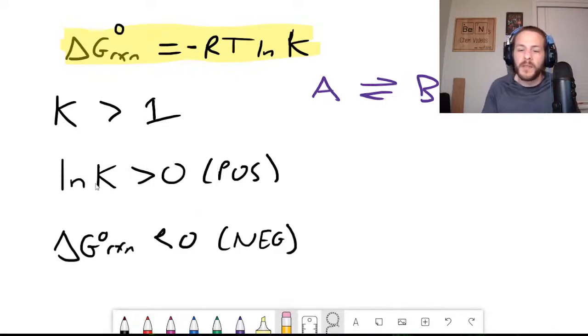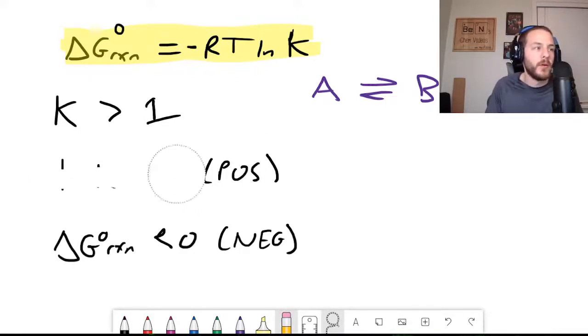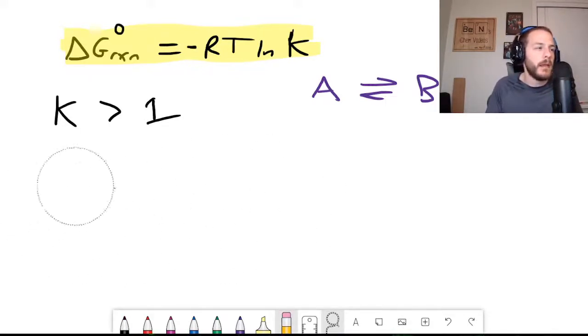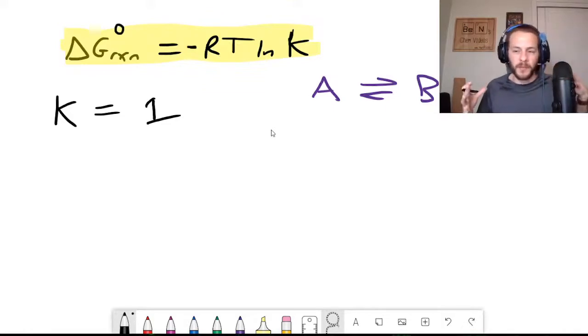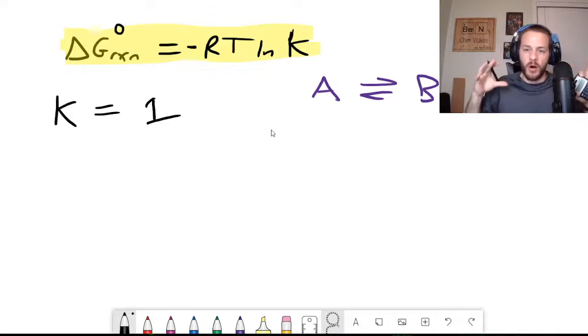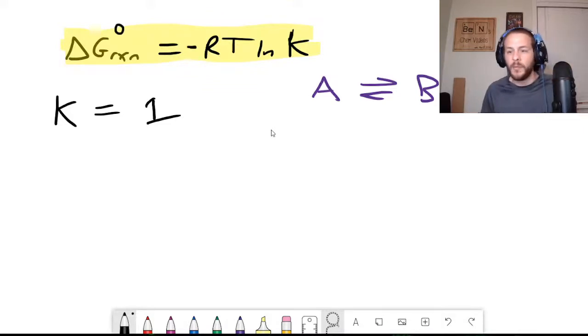Now imagine the following situation. We're going to do one more here. Imagine the situation in which K is equal to 1. This would describe a reaction that proceeds exactly halfway, in which the concentrations of the reactant and the product are equal at equilibrium.